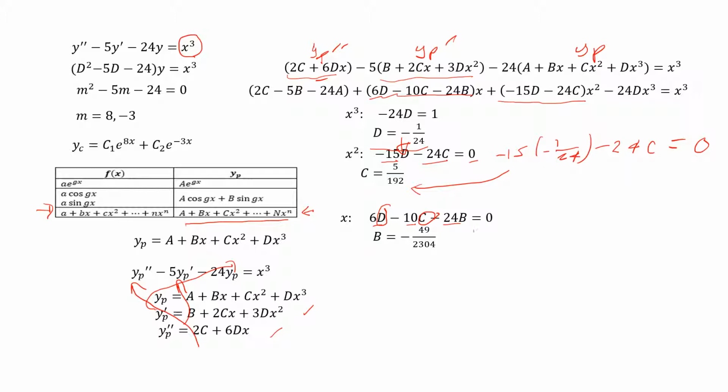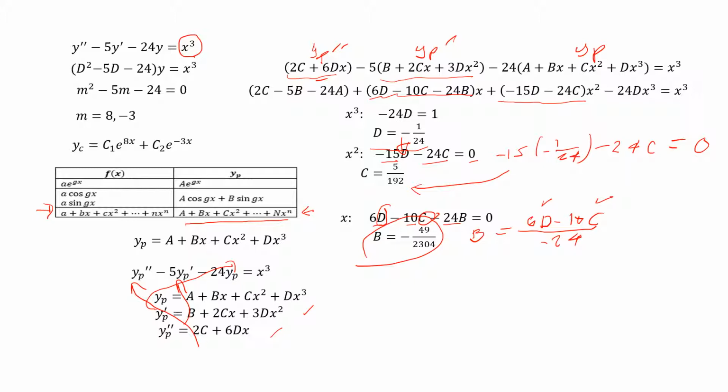Your b is equal to 6d minus 10c over negative 24. Substituting these values for c and d, you get this value of b.